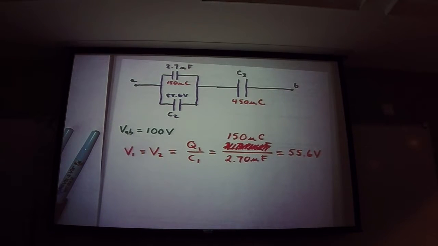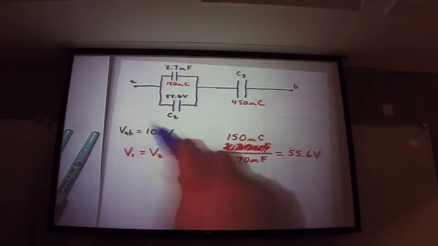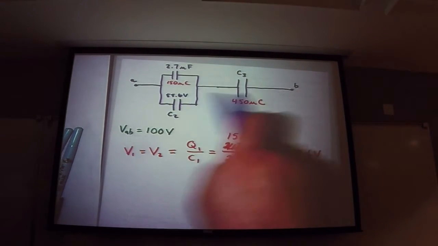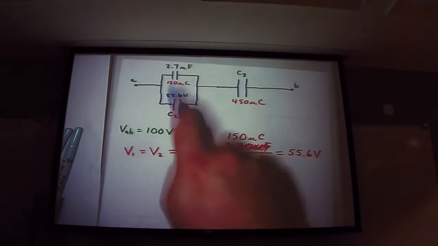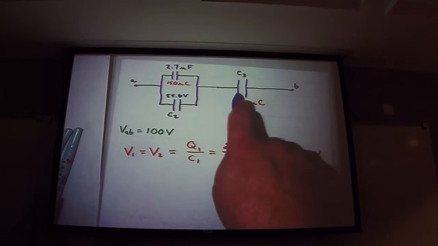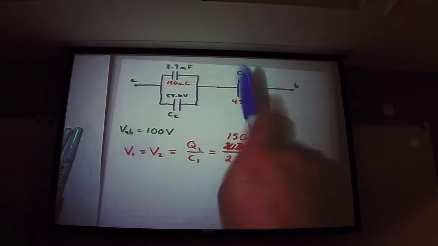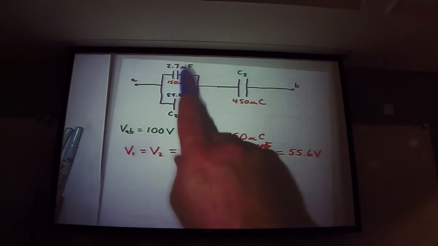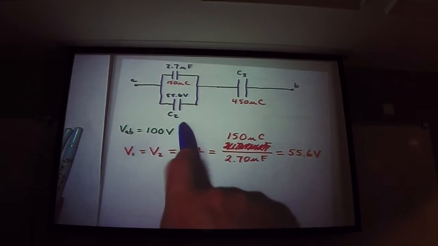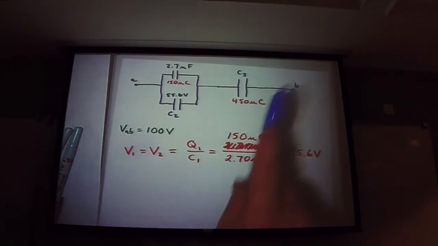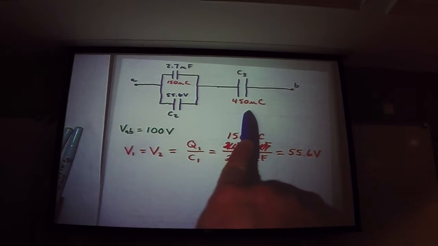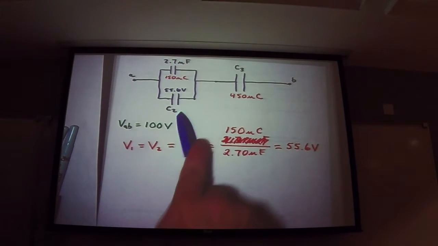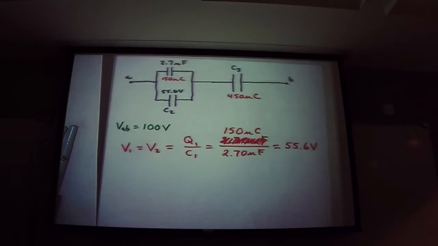Well, let's see. These two together are in series with this one. And so therefore the charge here has to be equal to the charge here, which is both of them together. So both of these together have to have the same charge as this. So if this has 450, that has 150, what does C2 have to have? 300.